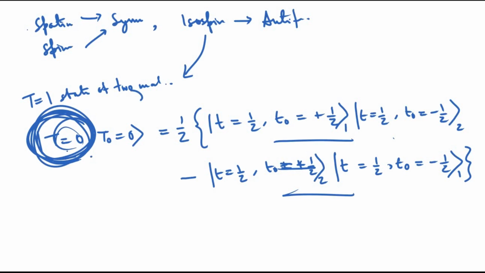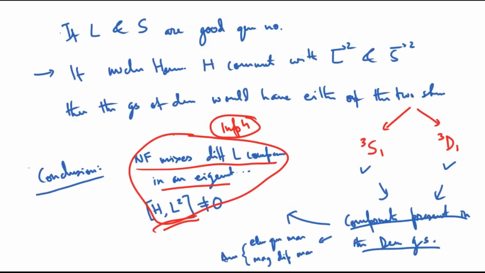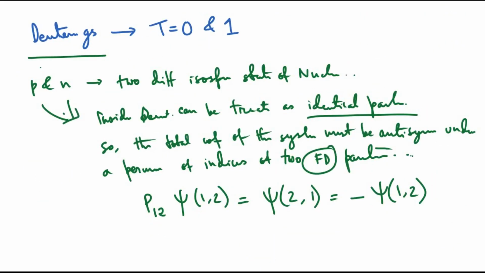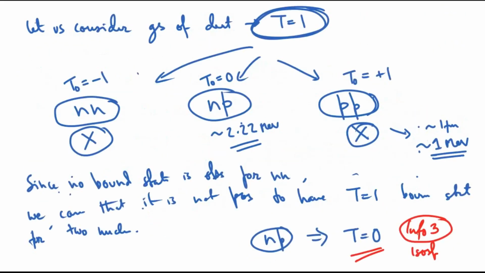So I have shown you why the deuteron ground state will be the t is equal to 0 state. I have used two different arguments. First, I have considered that the ground state is t equal to 1 over here. Where? Just a second.